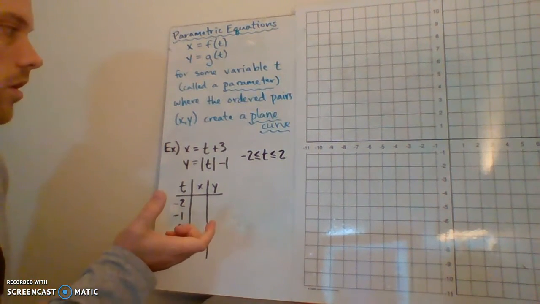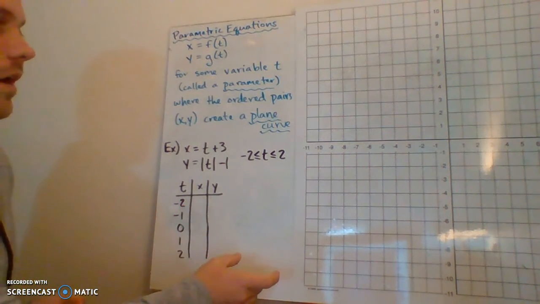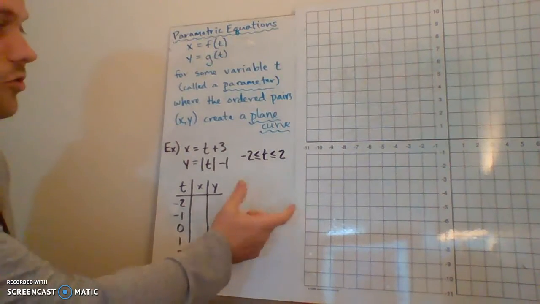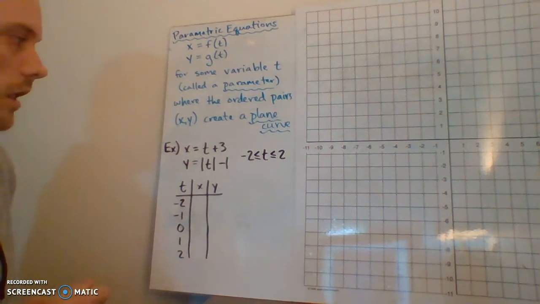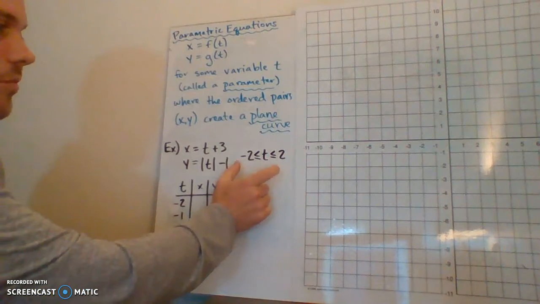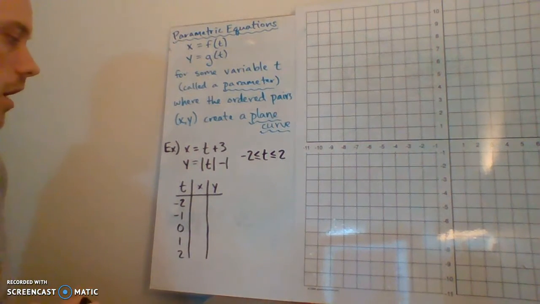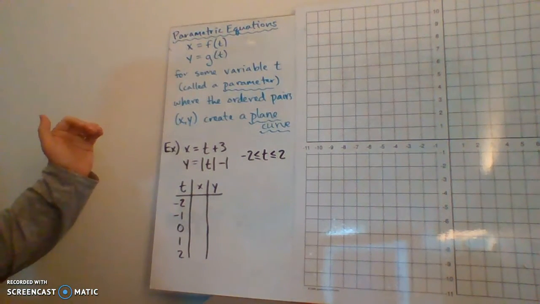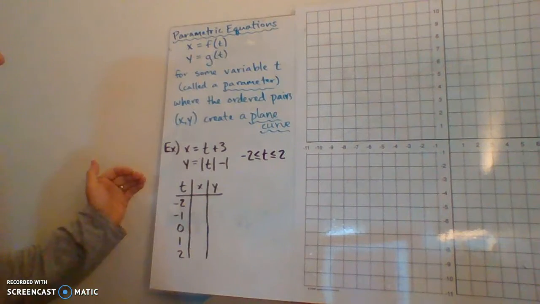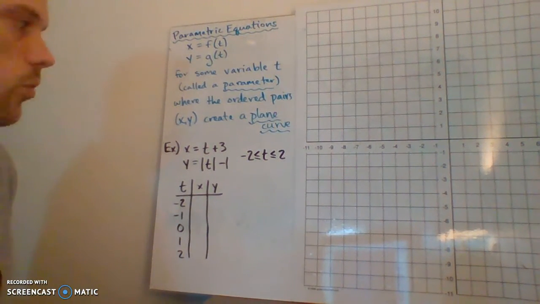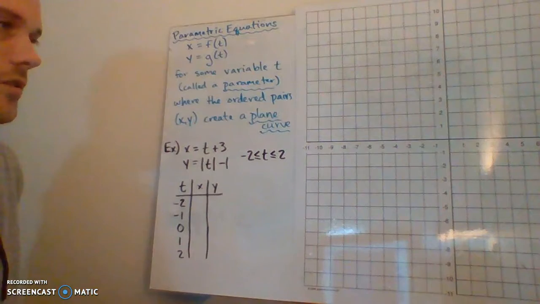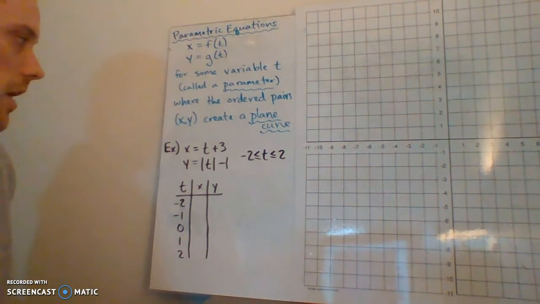Now we're sometimes given a range or domain for where our parameter lies. In this case, we're just going from -2 to 2. So we're going to look at the integers from -2 to 2 for t and what our x and y values are, so that we can take those ordered pairs and put our graph together.